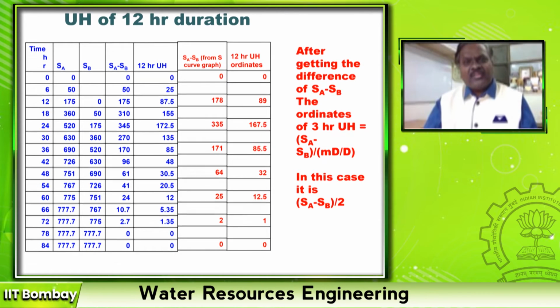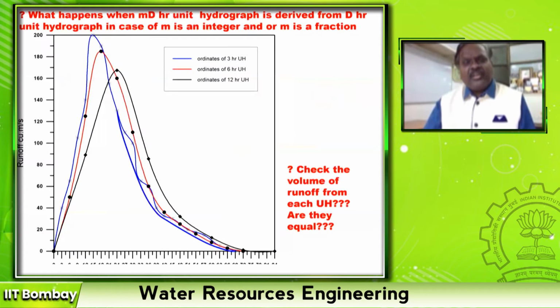So this is the unit hydrograph derivation from D hours to MD hours, both when M is an integer as well as a fraction. But please remember, this is a comparison between 6 hours, 3 hours and 12 hours. The 3 hours and 12 hours are derived from 6 hours.